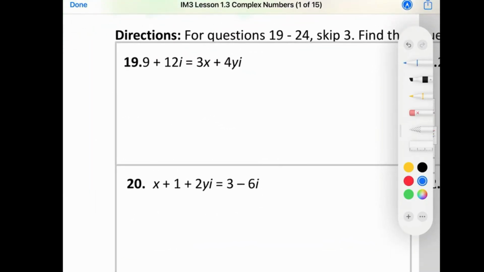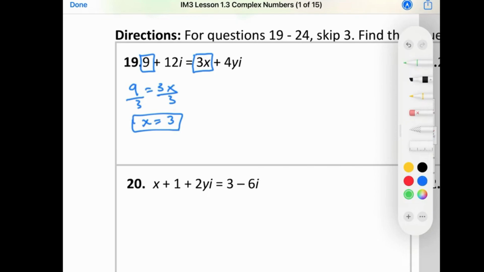Alright, let's go ahead and highlight the parts that are the same. So in this problem, this one has no i, and this one has no i in it. So I can do 9 equals 3x, so we get x equals 3.